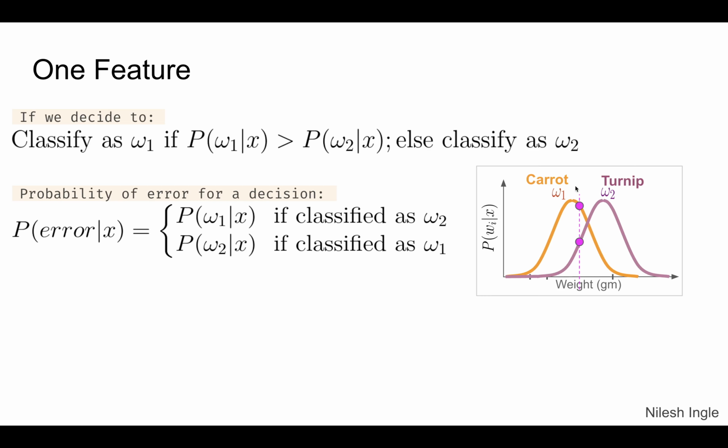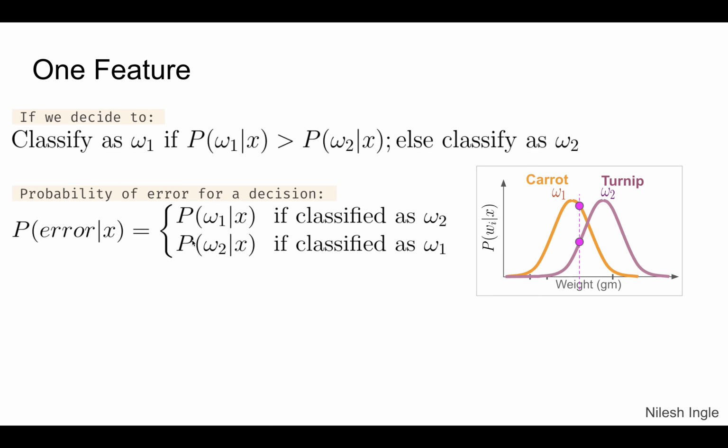Therefore, we classify it as W1. But at the same time, we do have an associated error that that particular sample could have been classified as W2. And so that is the error that we are talking about here.